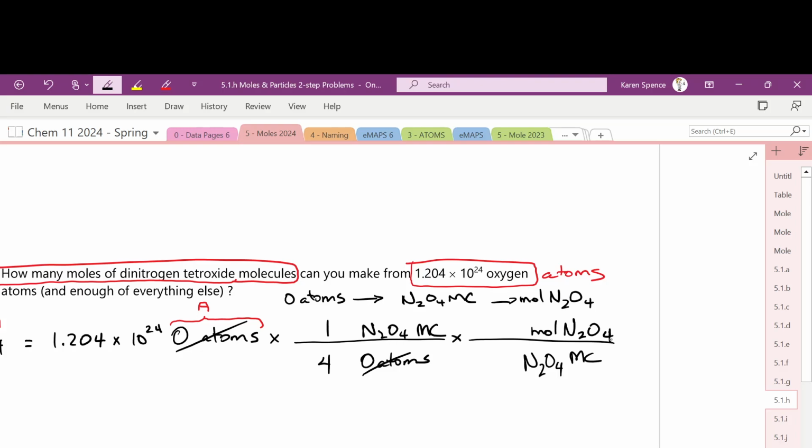Remember, it's as easy as 1, 2, 3, 10 to the 23. And where does the 10 to the 23 go? It goes with the particles. 6.02 times 10 to the 23 particles, because the 1 goes with the mole. Yes? We chuck that in our calculator.